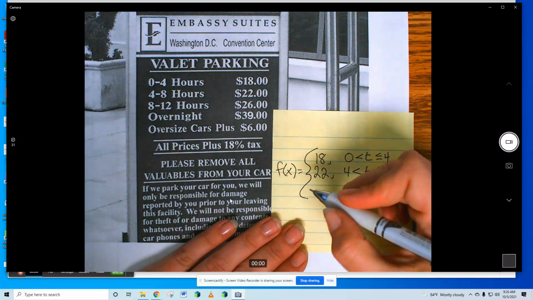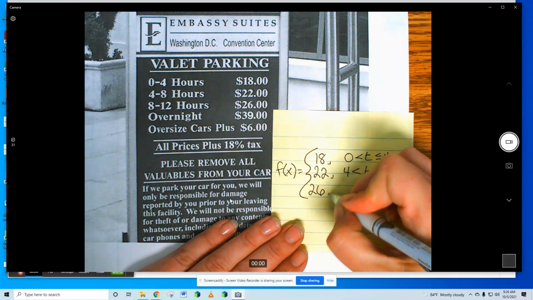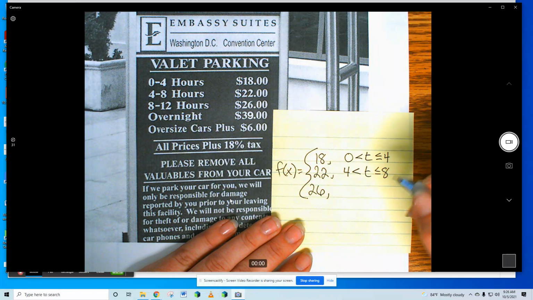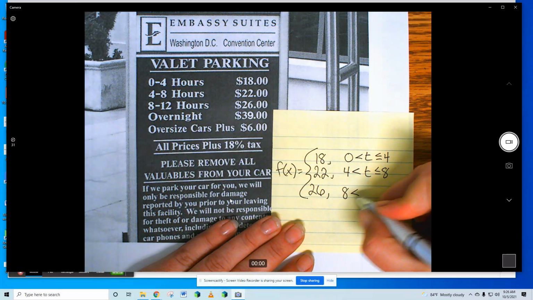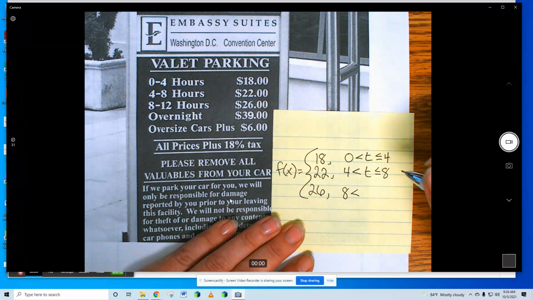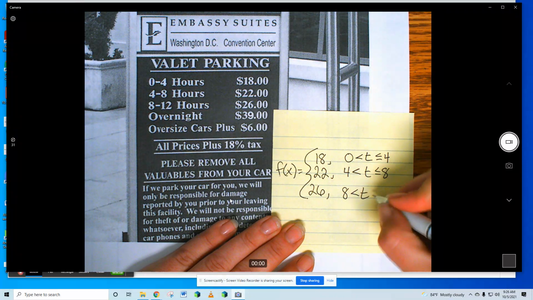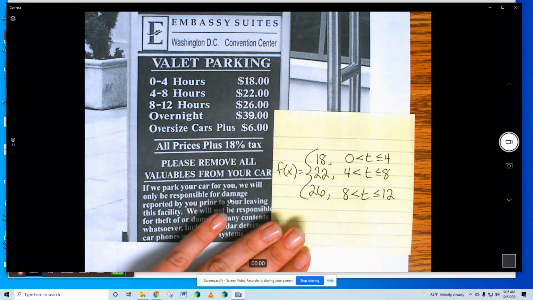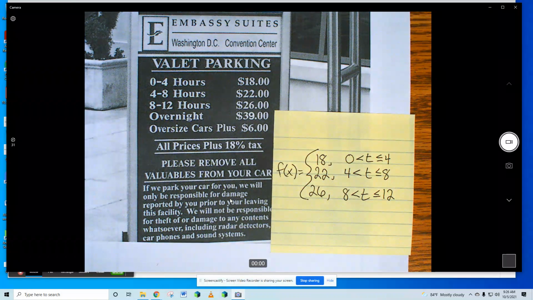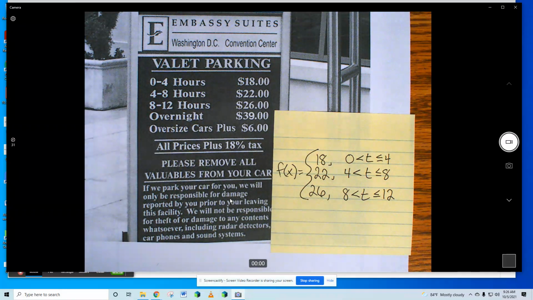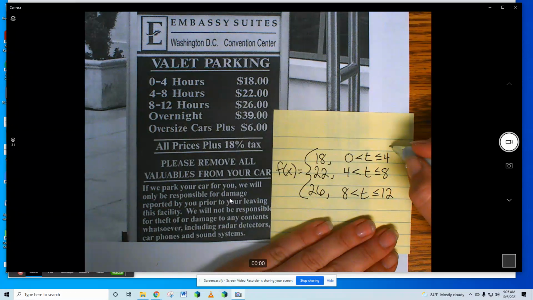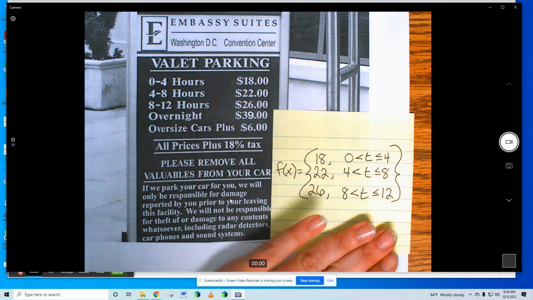If I had to pay $26, then that means I was staying over 8 hours, not exactly, and then exactly 12 hours. Anything over that, I would have to pay the overnight rate, since if you're staying 12 hours, you're almost overnight. So I close my bracket, and this would be the Embassy Suites problem.